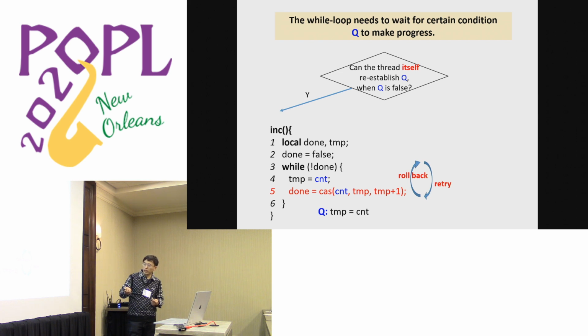Essentially it reestablishes Q, and hopefully next time the CAS succeeds. So the thread itself can reestablish Q in this example. In this case, we call this a non-blocking algorithm.